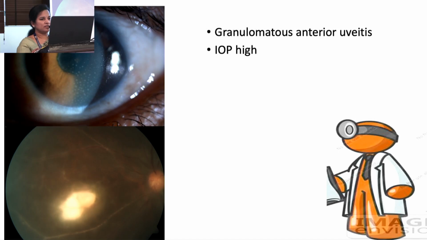So what is it? It's toxoplasmosis, toxoretinochoroiditis-related anterior uveitis, which can present as granulomatous uveitis with raised IOP. So proper ocular examination is very important. Don't label a case as anterior uveitis unless you see a normal fundus.